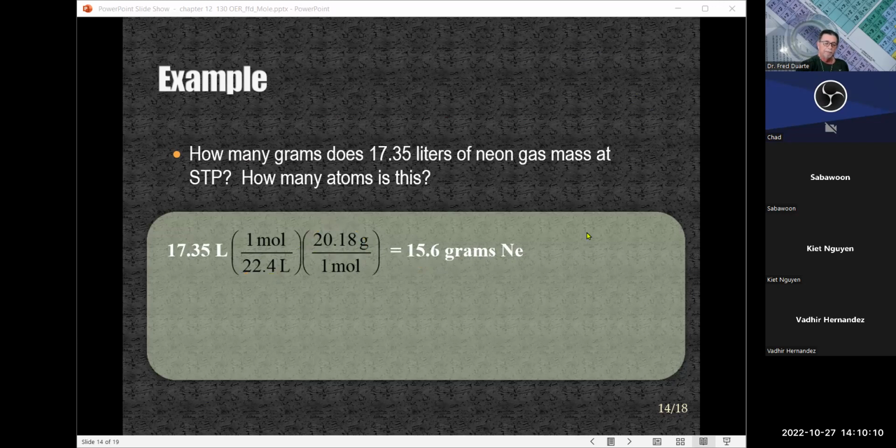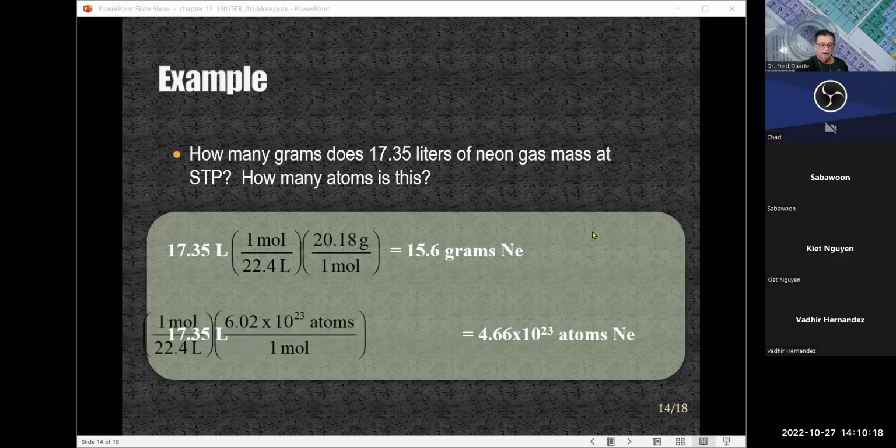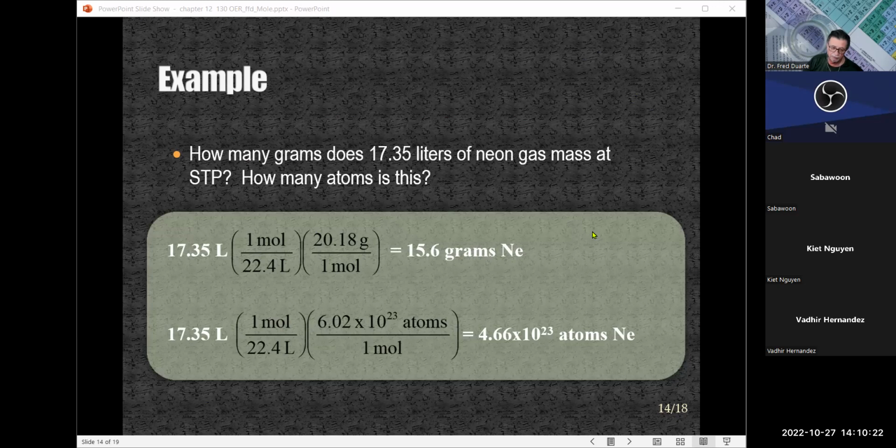All right. The next question was, how many atoms does this correspond to? Well, here we go. We set up like we did before. Again, I need a conversion factor where at STP, I convert that 17.35 liters to moles. The difference is the next factor is Avogadro's number, okay? And Avogadro's number will then tell us how many atoms we are dealing with. And so here's the cool thing.